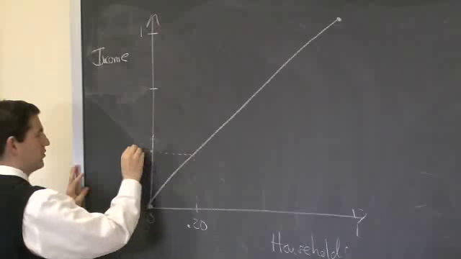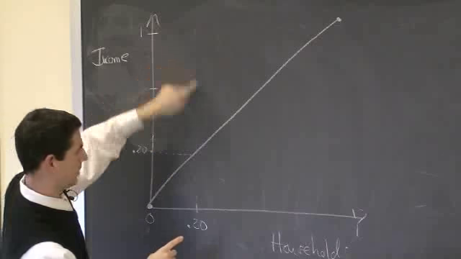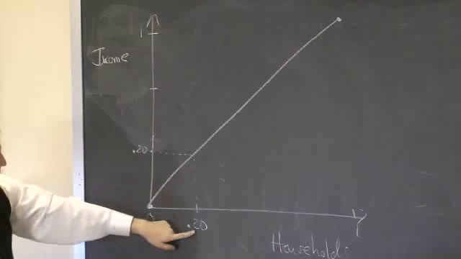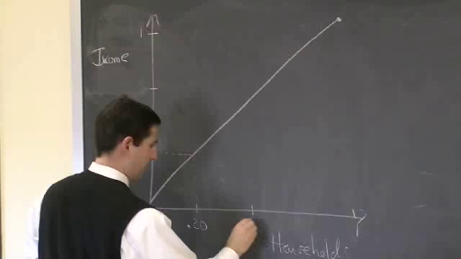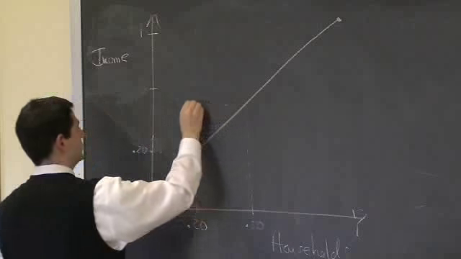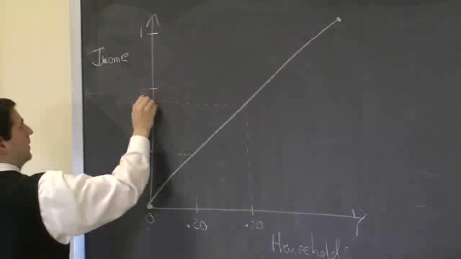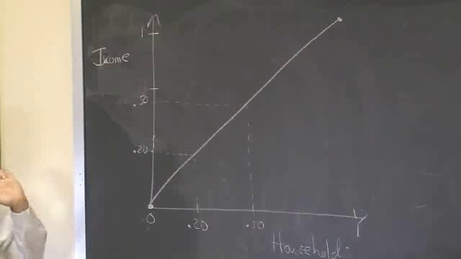I guess I'm doing this backwards when I try to put it up here. It should actually be the other way. If you have 20% of the households, they should have 20% of the income. If you have 50% of the households, you should have 50% of the income. That's if everybody has the same income. That's the line of perfect equality.